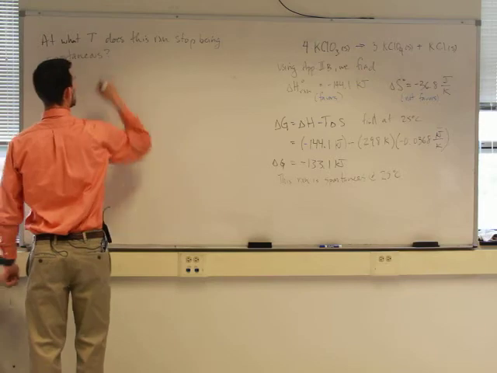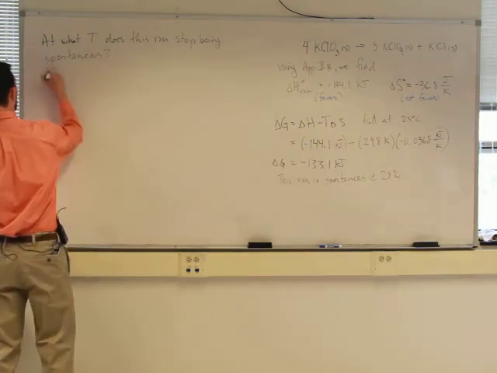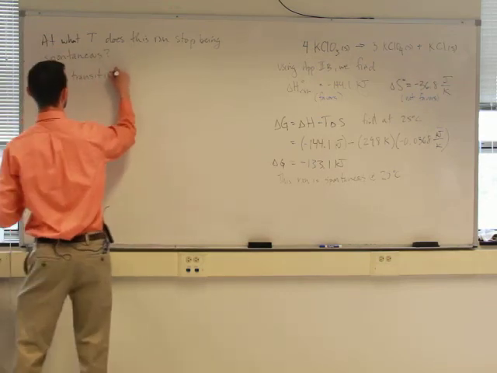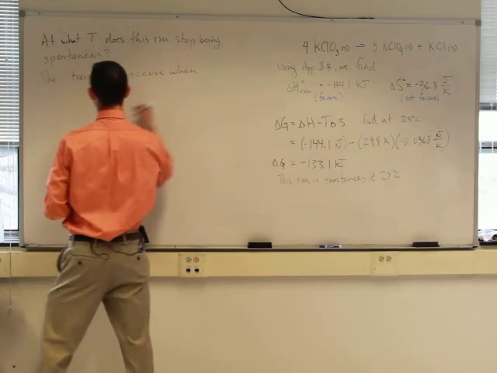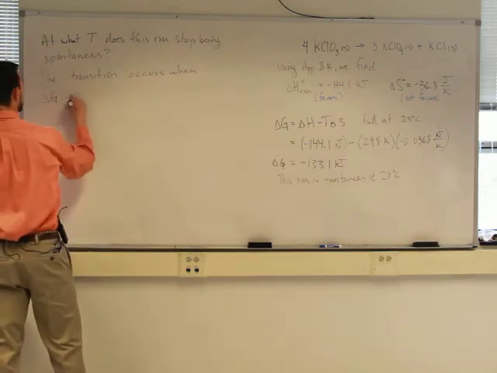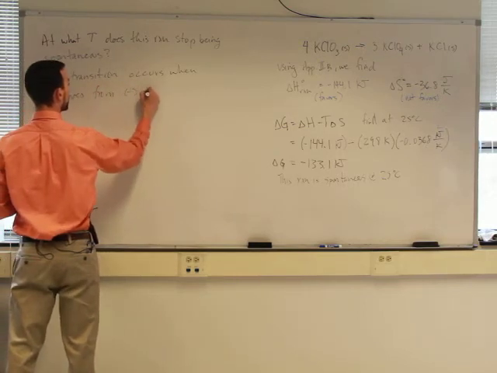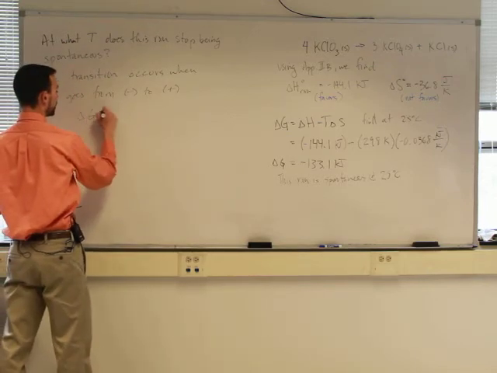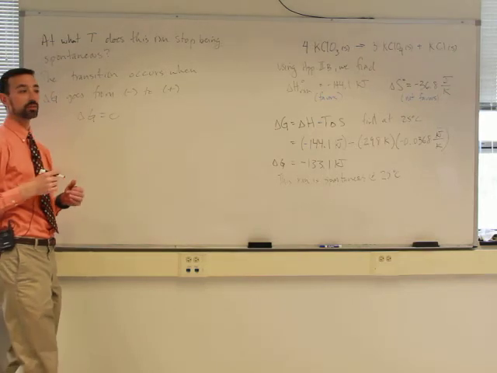Well, that transition will occur, the transition from spontaneous to non-spontaneous, when delta G goes from negative to positive. In other words, when delta G equals 0, that condition of equilibrium.